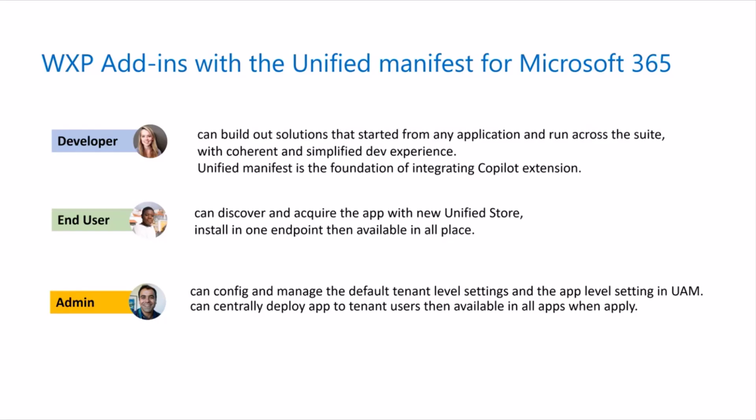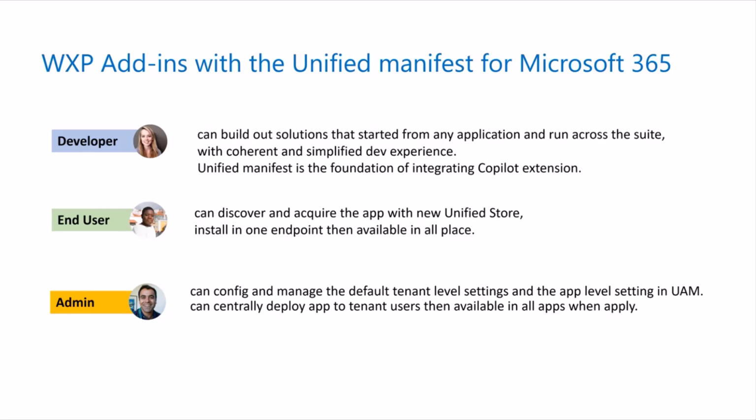As you know, with the current XML manifest add-ins, as developers, you can only create add-ins that work in Word, Excel, PowerPoint, or a separate one that works in Outlook or Teams with the JSON manifest.